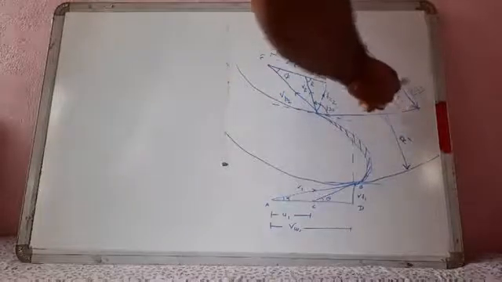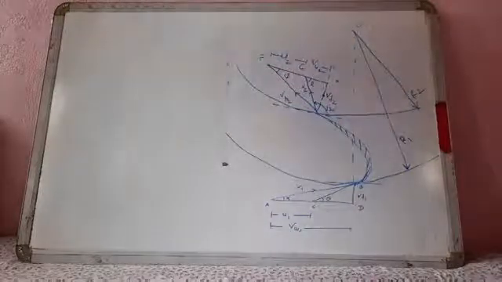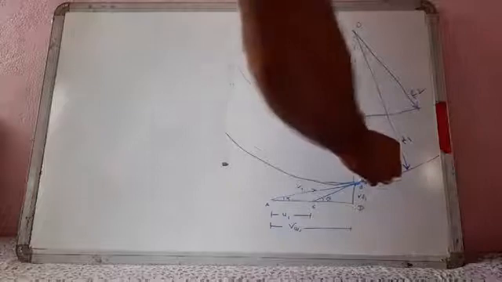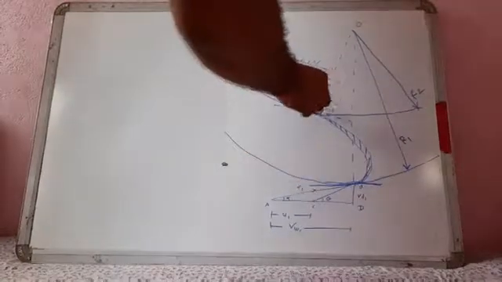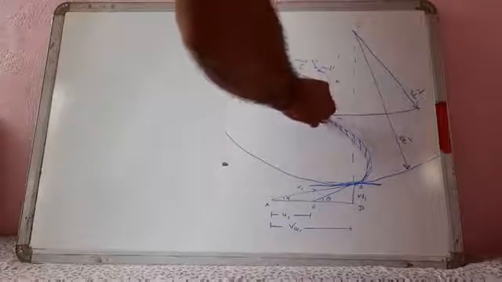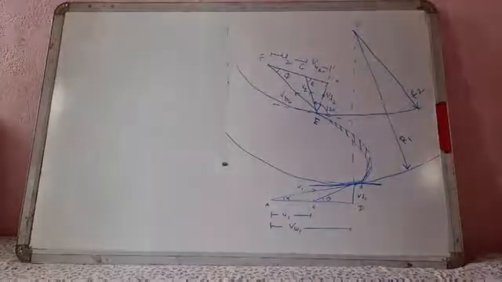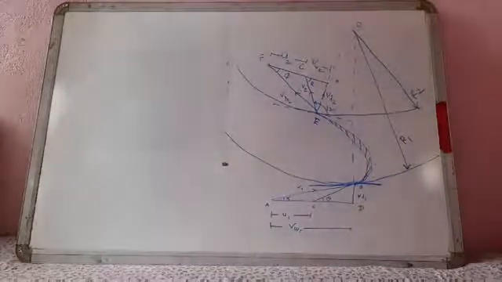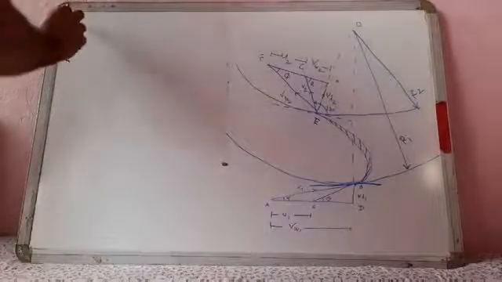The inner radius is R2 and outer radius is R1. Here, this is the tangent line at point B, and this is the tangent line at point E. Okay, now we will start solving this question with the data given here.